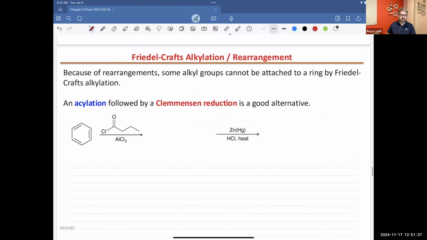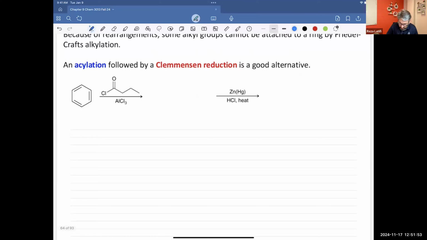Okay, so I said, in order to avoid rearrangement when it comes to Friedel-Crafts reaction, we can use acylation. And in acylation, we have a Lewis acid, and the Lewis acid is going to go after the chloride, and it will give us such a compound. Aluminum chloride will take this chloride from the compound. This one will be negative one.